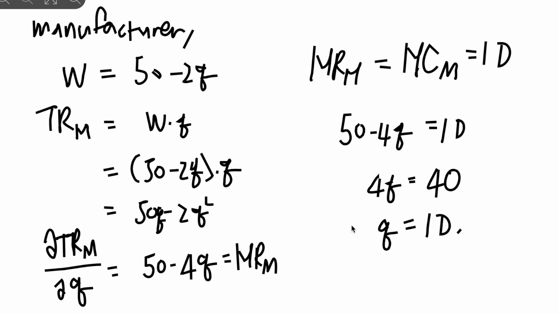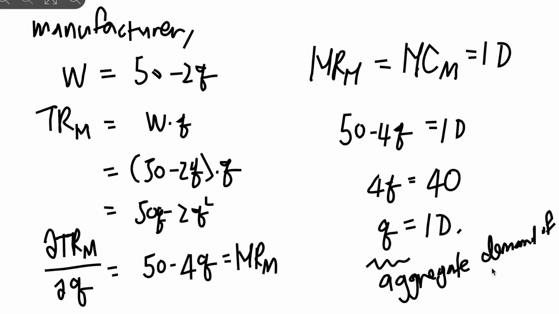What we have just found as Q is the aggregate demand of the market, the aggregate production size. Since we're doing a duopoly, each firm is going to produce Q1 equals 5 and Q2 equals 5, half of the total quantity.